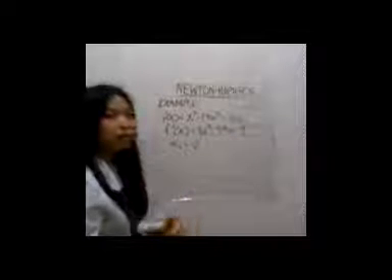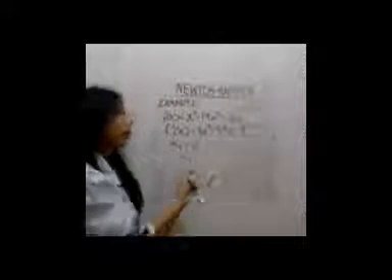The next step for the Newton-Raphson method is to have an initial guess, x sub 1. Let's make our initial guess negative 1. Then, use the Newton-Raphson formula to obtain x sub 2.